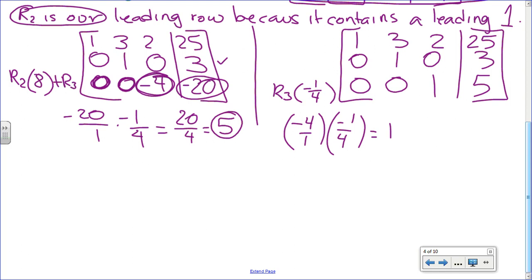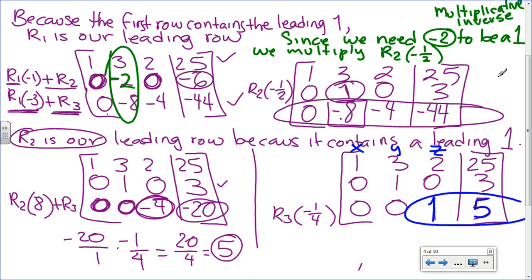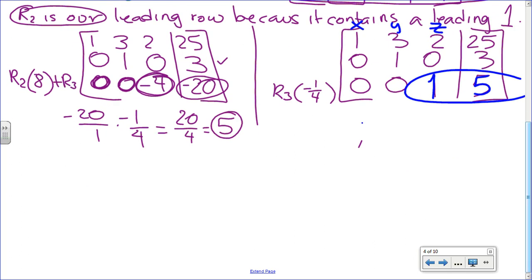Now we're going to use back substitution. Remember, we have the order x, y, and z. So we have the equation that says 1z is equal to 5. We also have 1y is equal to 3.